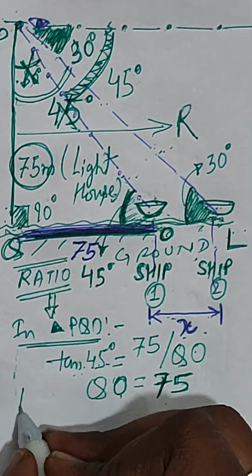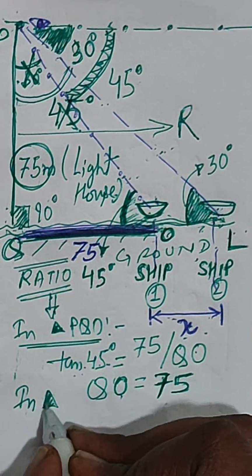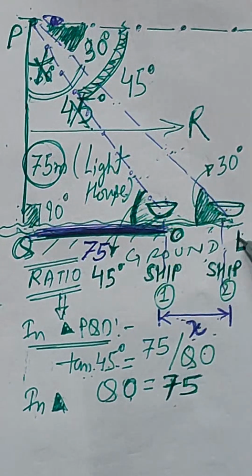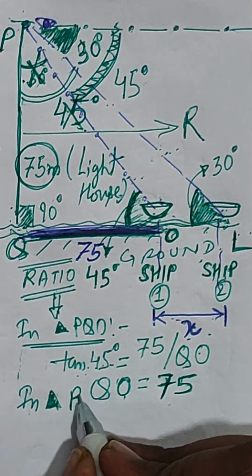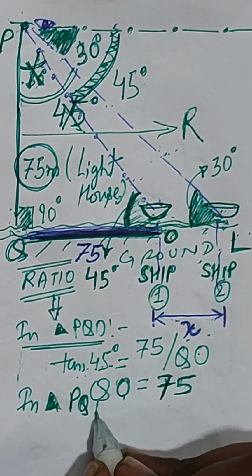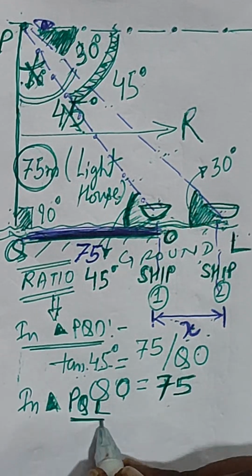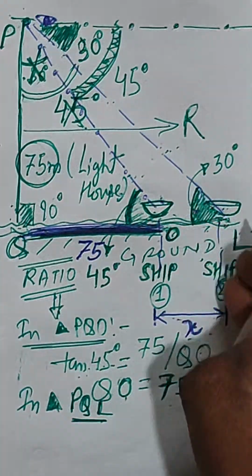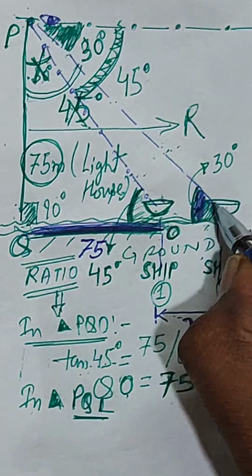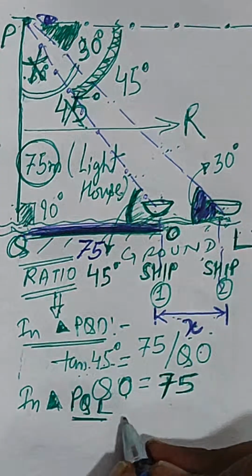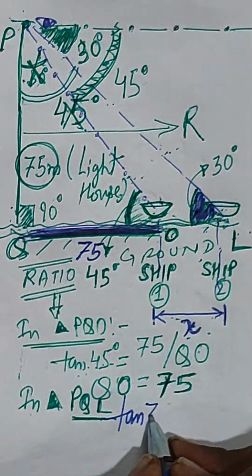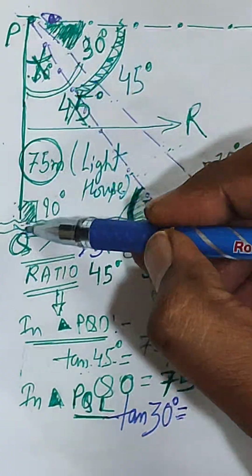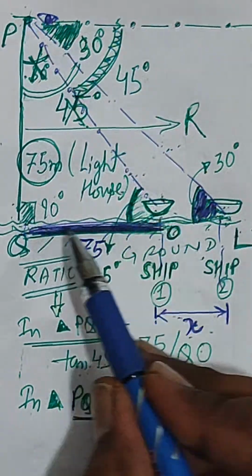So, in which triangle? Triangle PQL. In triangle PQL, tan of 30 degree, this angle I am saying, will give you the value of PQ divided by QL.